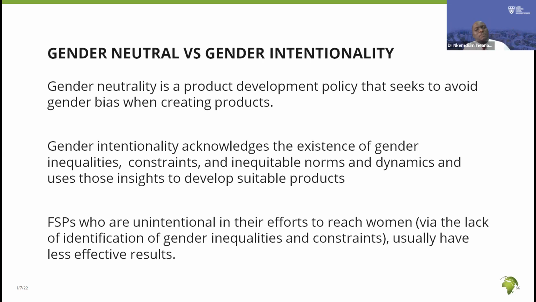So FSPs who remain unintentional in their efforts to reach women, without first identifying the gender differences that exist between men and women and the gender implications of these differences in how financial services are consumed and utilized, would usually have less effective results. Next slide.